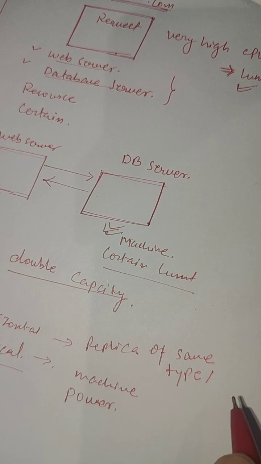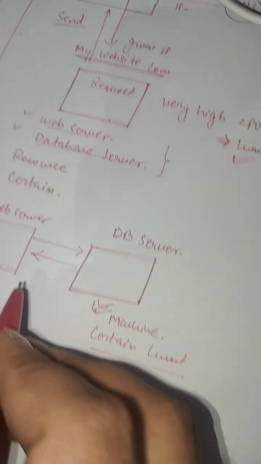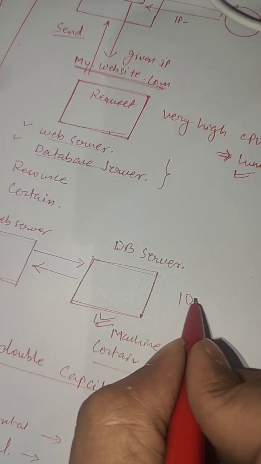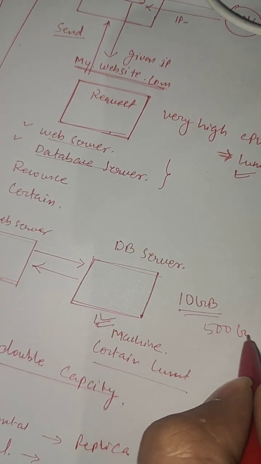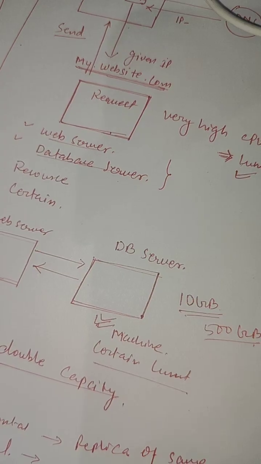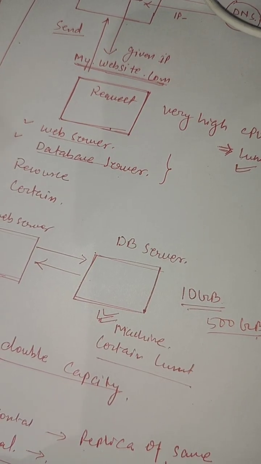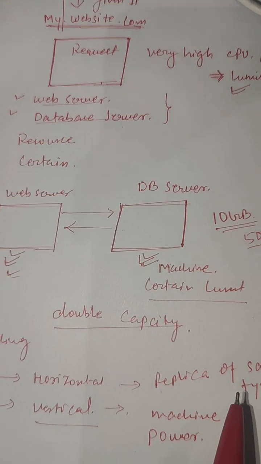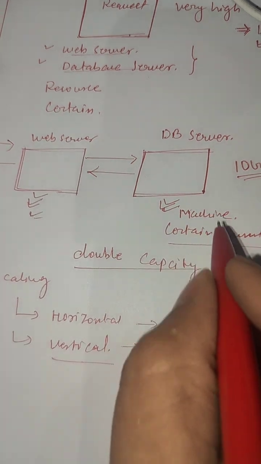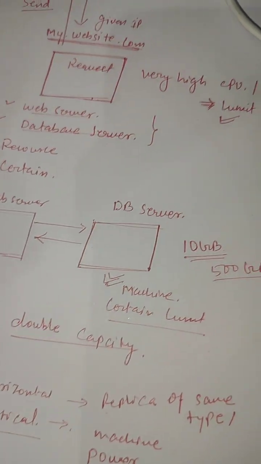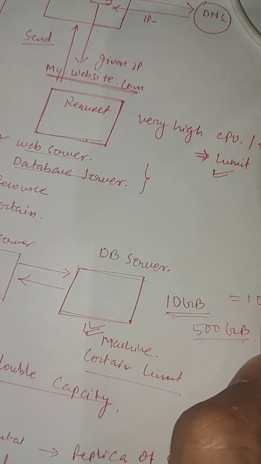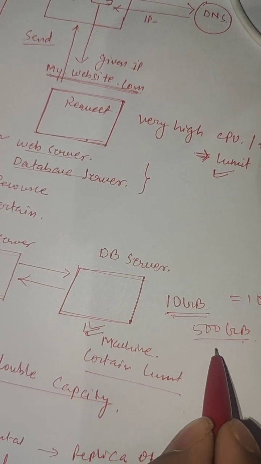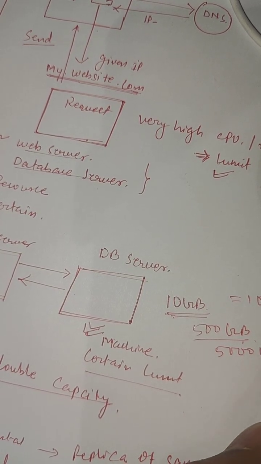So suppose this machine was with 10 GB RAM and 500 GB hard disk. With vertical scaling, what will happen? Vertical scaling means you will directly make this 10 GB to 100 GB, and the storage 5000 GB.